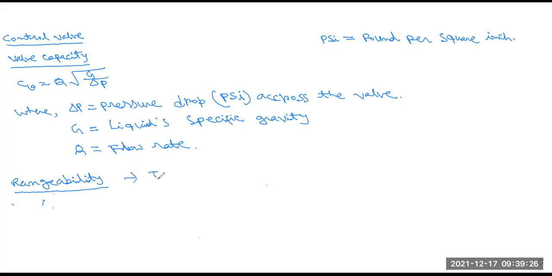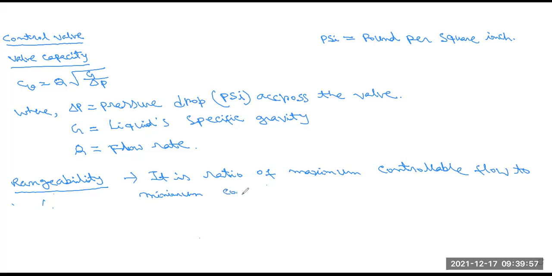We express it in the equation as Q max by Q minimum, that is, the maximum controllable flow divided by the minimum controllable flow.